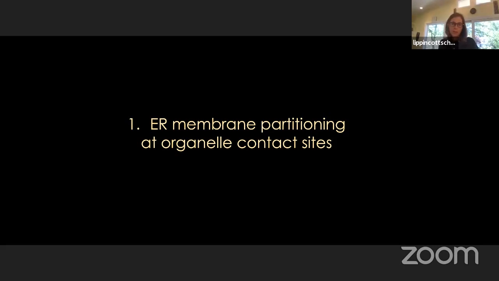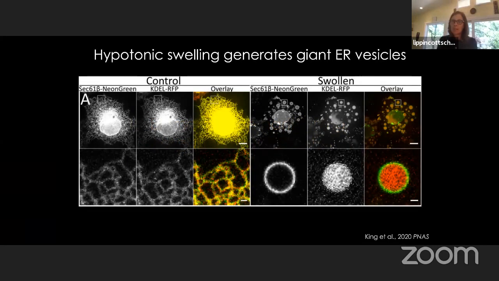This project was really a fun project initiated by a postdoc in the lab, Chris King. As a PhD student, he had done a lot of cell swelling to look at giant plasma membrane derived vesicles. And since my lab does a lot of work intracellularly, in particular, we're fascinated with the endoplasmic reticulum, he started looking inside cells that have been hypotonically swelled.